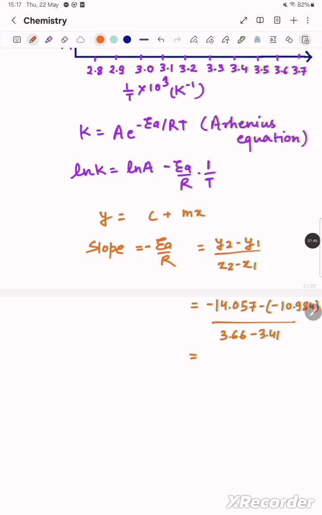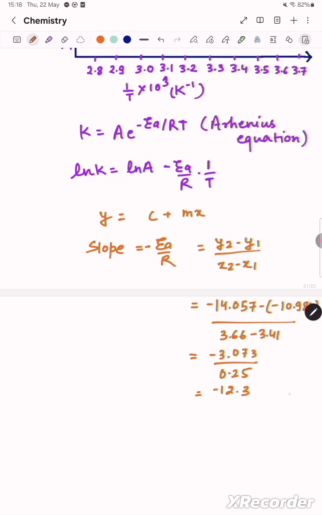Now after calculating this we get minus 3.073 divided by 0.25. So the value will become minus 12.3.